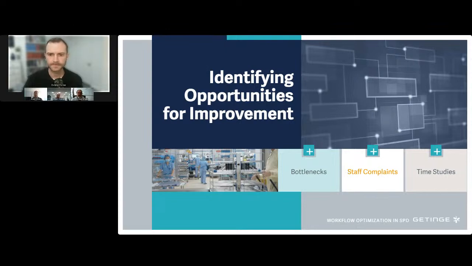I found those individual one-on-ones to be extremely helpful, and it really helped me put a really good picture together when I then physically walked through the department and saw things for myself.